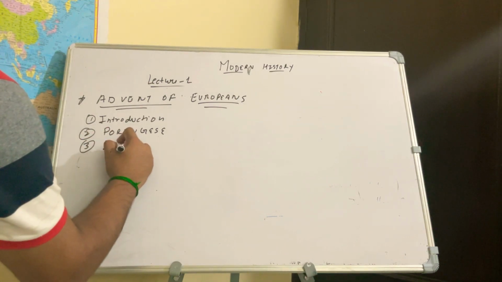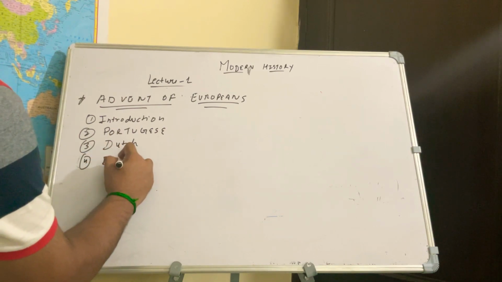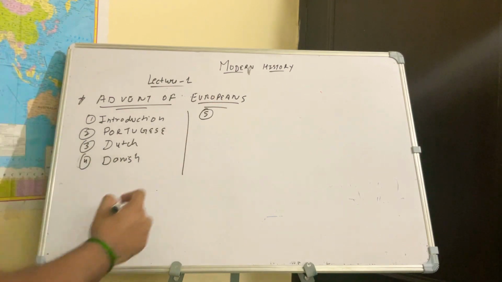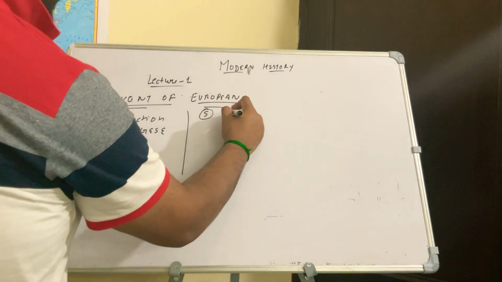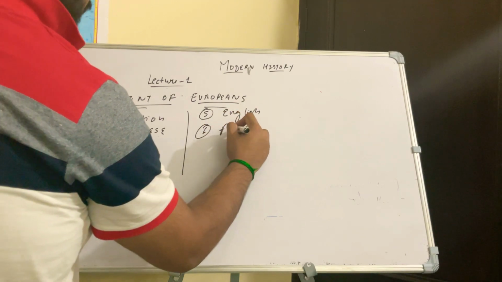Then after this we'll have the Dutch, and fourth would be the Danish, fifth would be English, and sixth would be the French.